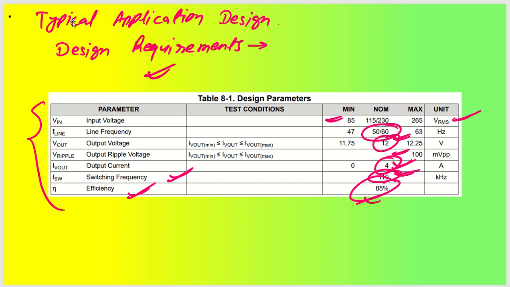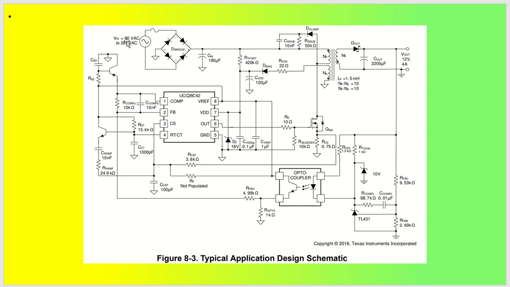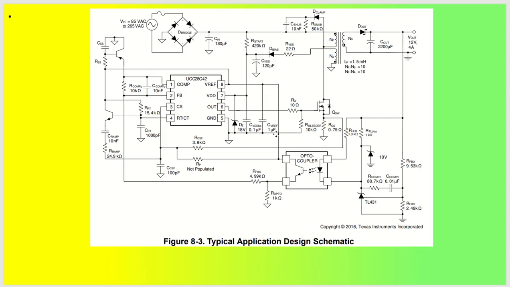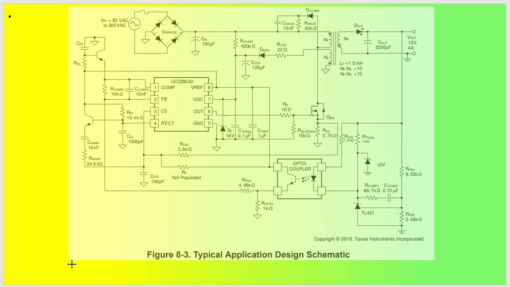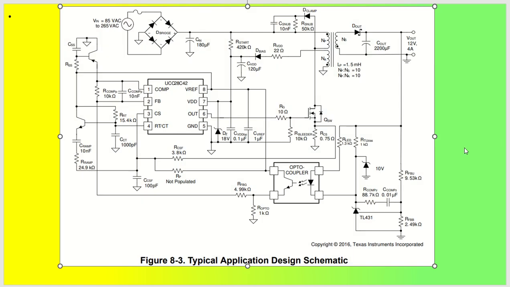So for any typical design that you want to do for your system, you can fill this table with your specification, and you can come up with a particular design. So this particular design was there. You can have a look into the design in the data sheet itself, okay. This design is also given in the data sheet, and it can always be looked into.